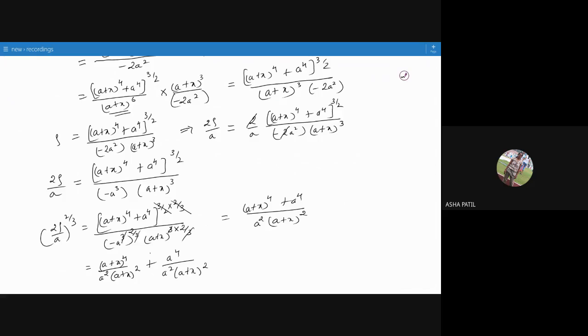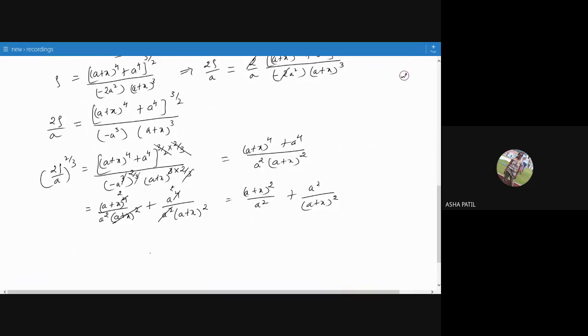So again here the terms will get cancelled. (a plus x) whole square cancels with (a plus x) raised to 4. Again here a square cancels with a raised to 4. What remains is (a plus x) whole square divided by a square plus a square divided by (a plus x) whole square. Now this is our 2 rho by a raised to 2 by 3.